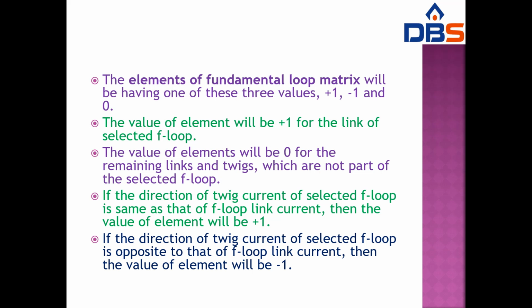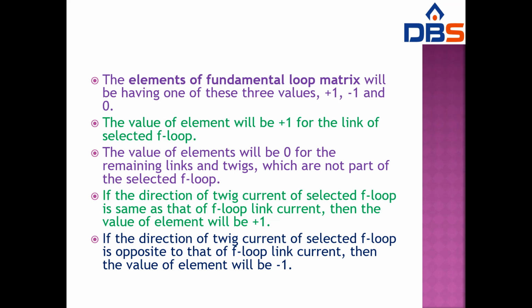If the value of the element is positive, we have taken the link direction as the loop direction, starting from the link of the selected loop. The value of the elements will be 0 for the remaining links and twigs. Twigs are the branches of a tree, and chords are links. A tree does not form a closed path, but it touches all the nodes. Whatever branches touch the nodes are twigs, and the rest will be links.